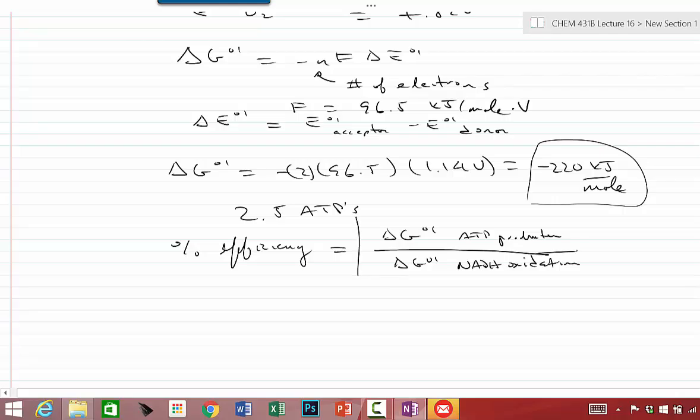I'm going to make that an absolute value, so it's always going to be positive, so you don't have to worry about signs. Okay, so that's an absolute value multiplied by 100.